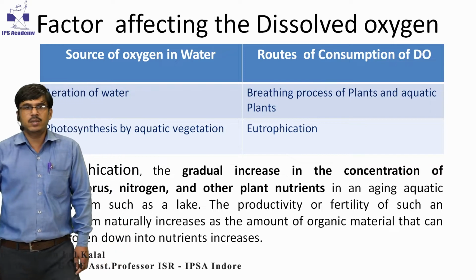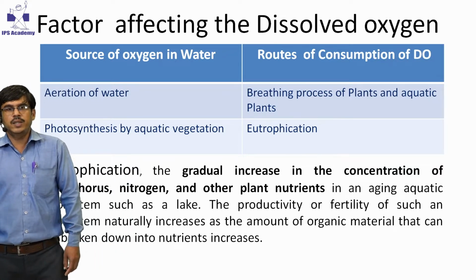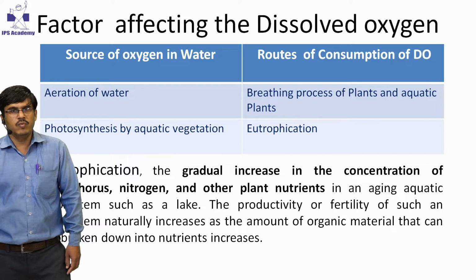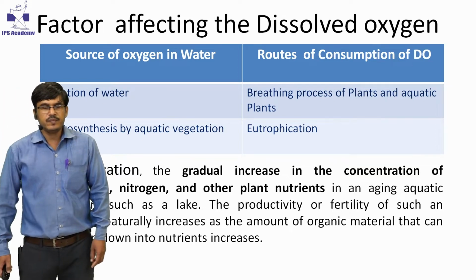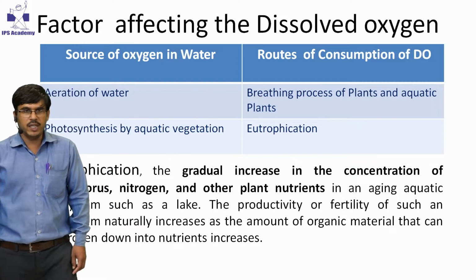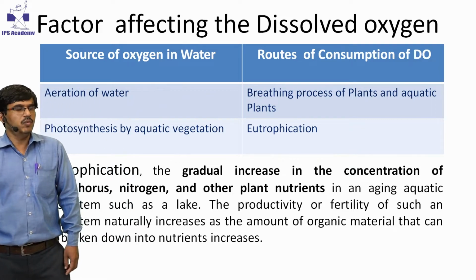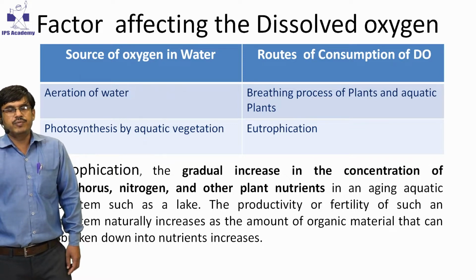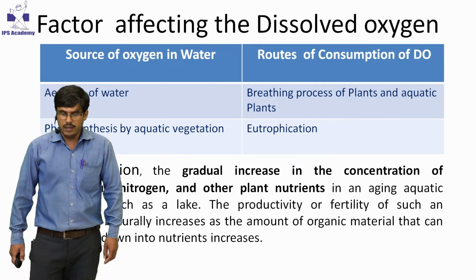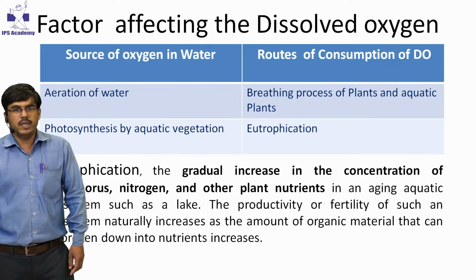This increase in nutrients in a water body is called eutrophication. It is the process of increase in nutrients in a water body by degradation of animals and plants, algae, etc.